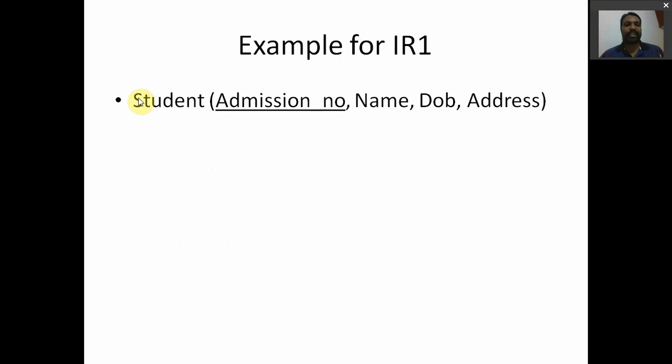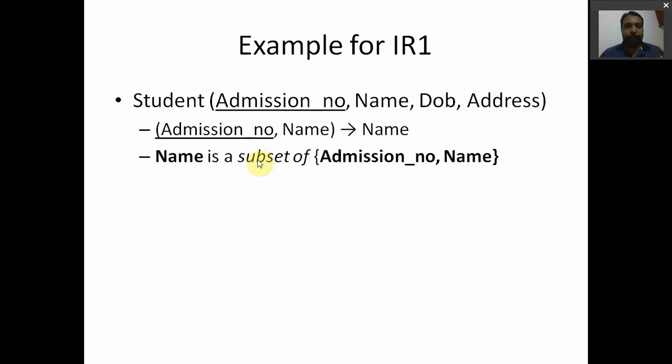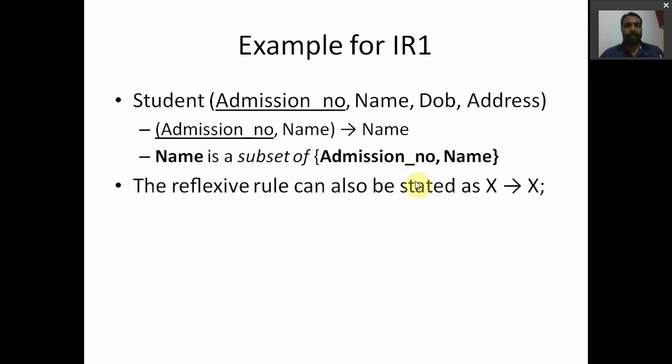So we have a relation student with admission number, name, date of birth, and address. If you have a functional dependency, admission number, name to name, then we can see that name is a subset of admission number, name. So the reflexive rule can also be stated as x to x.